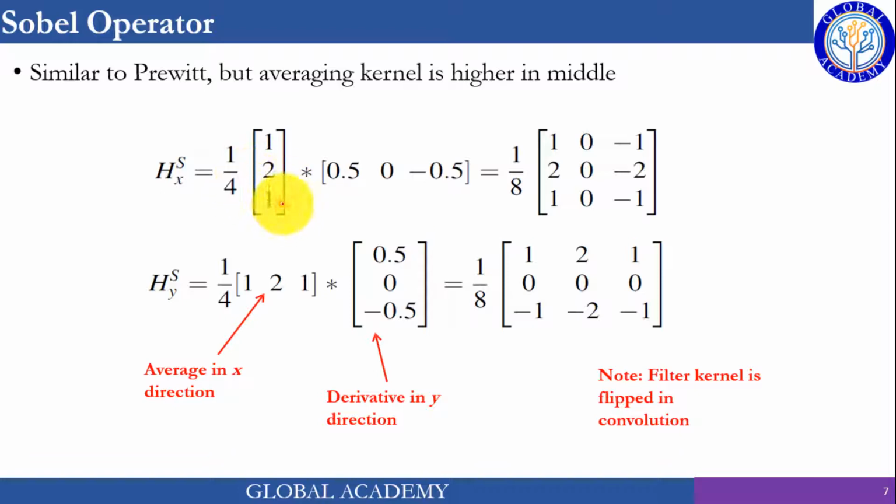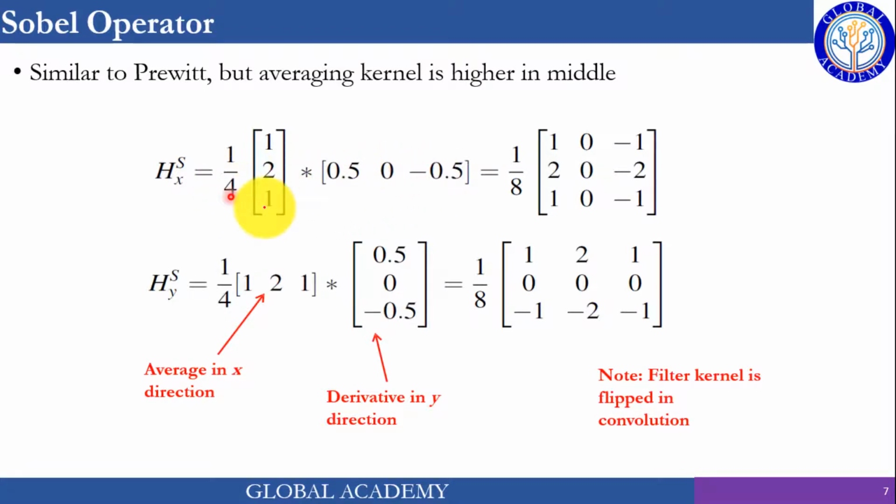So it is multiplying a greater weight with the central pixel. So it's like a Gaussian-like weighted average, and we have the same central differencing mask over here.